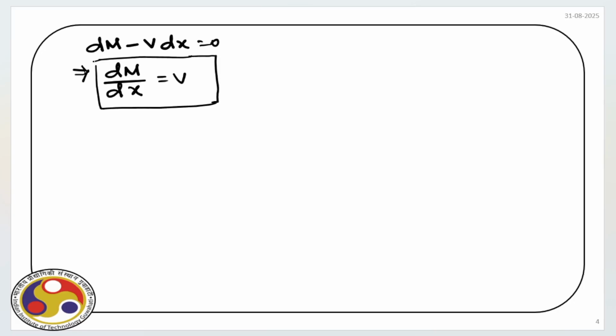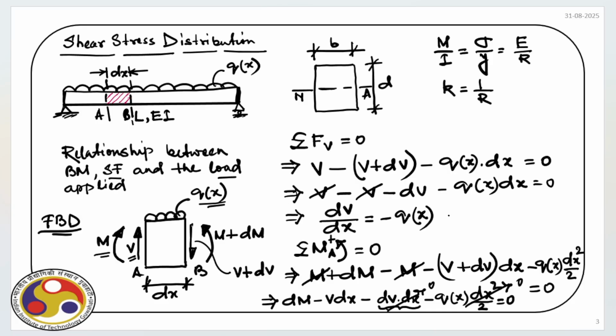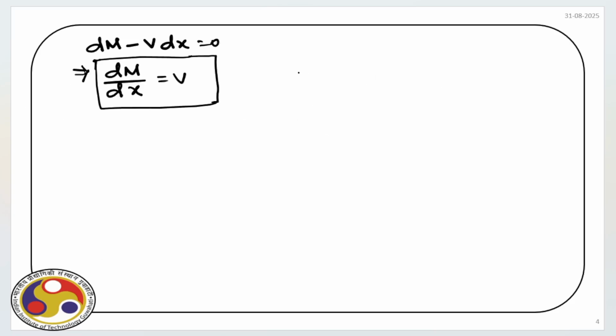So if we differentiate bending moment with respect to x, where x varies along the length of the beam, we get V, right? Now, earlier we derived this expression: if we differentiate V, that is shear force, with respect to x, we get the negative of the load. So dV by dx is equal to minus q(x), right?